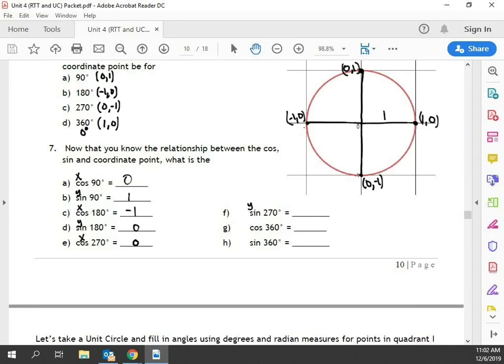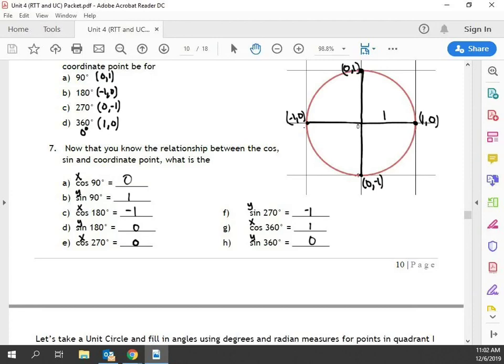Y-coordinate for 270. X-coordinate for 360. All right, you'll get it. Questions about that, guys? That's actually how you find these values.